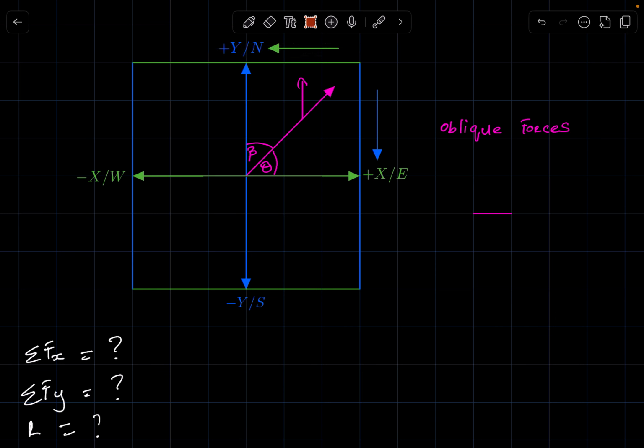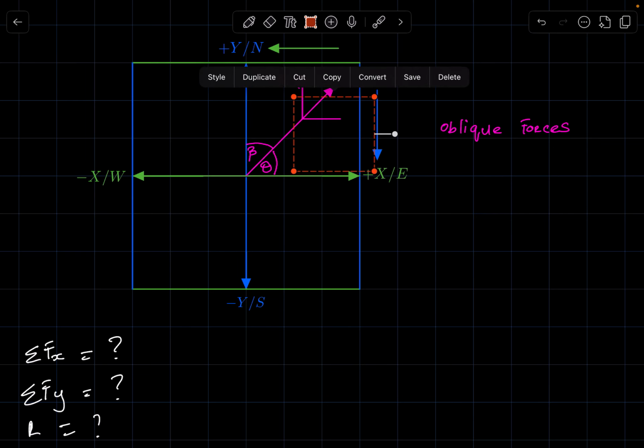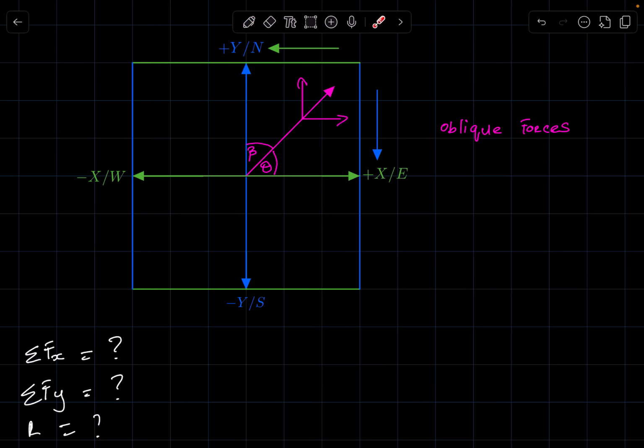But similarly with the horizontal component, for us to correctly determine the horizontal component as well as its direction, it must be headed towards the direction of the oblique force.